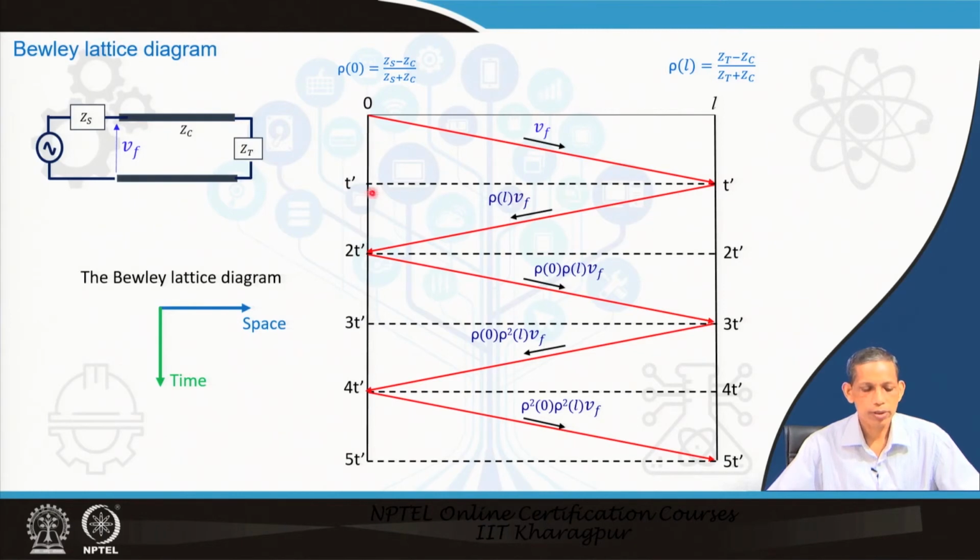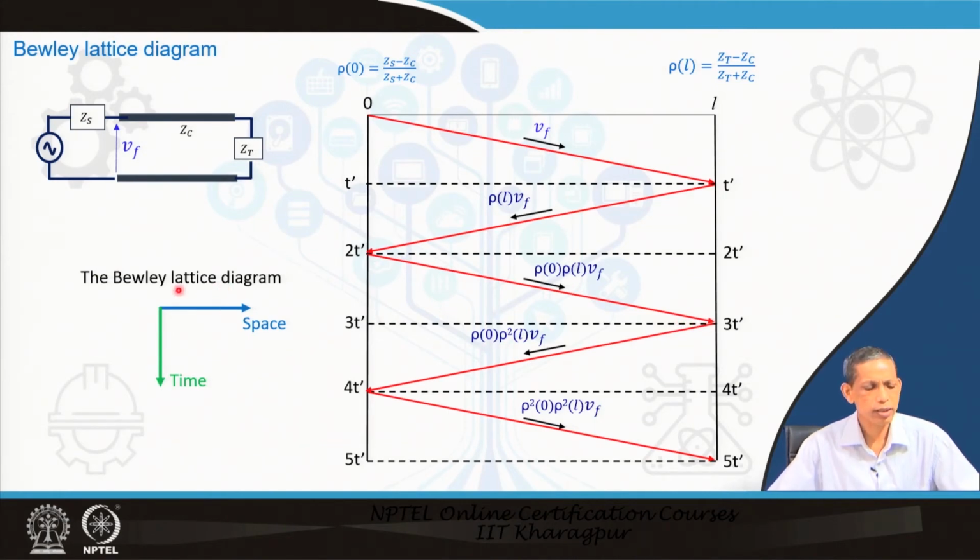The travel time here becomes downward, it is t dash, from this point to this, and then it goes midway, reaches there, and comes back. So, in a period of 2t dash, whatever was being sent from this 0 location comes back to the same location once again with a certain magnitude, and the magnitude depends upon the reflection coefficient of the other end.